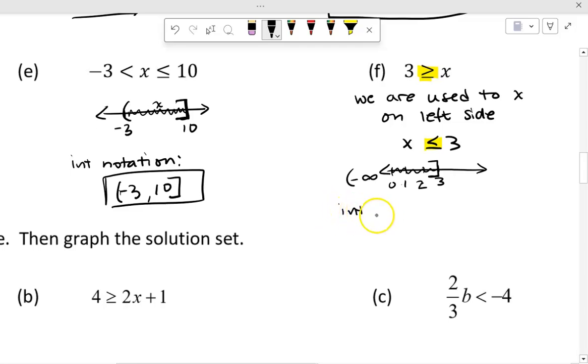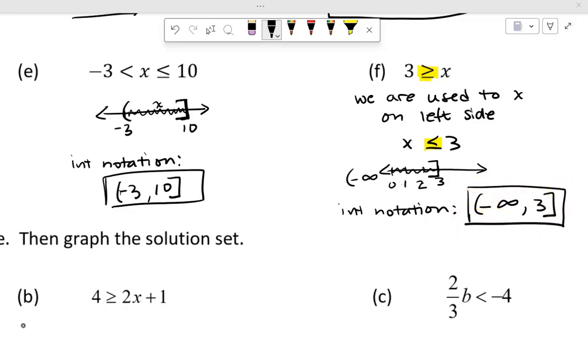So interval notation is lowest, comma, highest, and the lowest is negative infinity. The highest is on the right side, it's 3. We'll never equal infinity, so put a parenthesis, but we can equal 3 in this problem because there's an equal bar, so we're going to use a bracket.